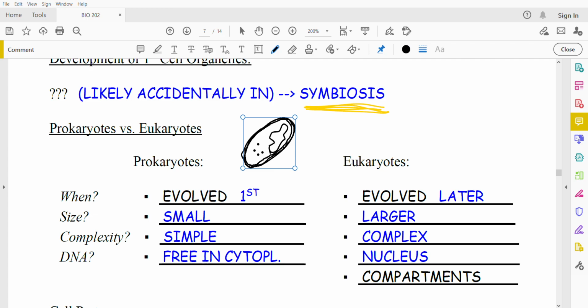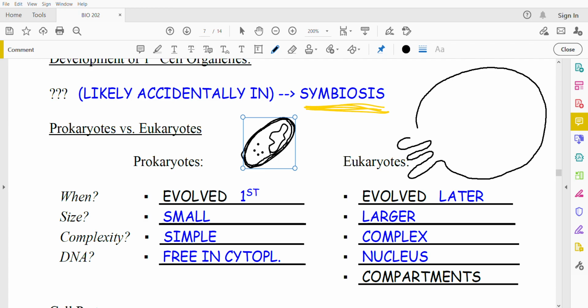Whereas eukaryotes are much larger. They developed later in life. They're much more complex also in terms of their structure. So we end up finding a nucleus. That's another membrane enclosed organelle, and the DNA is stored inside there. There are many other cell organelles that we end up finding within the eukaryotic cells.